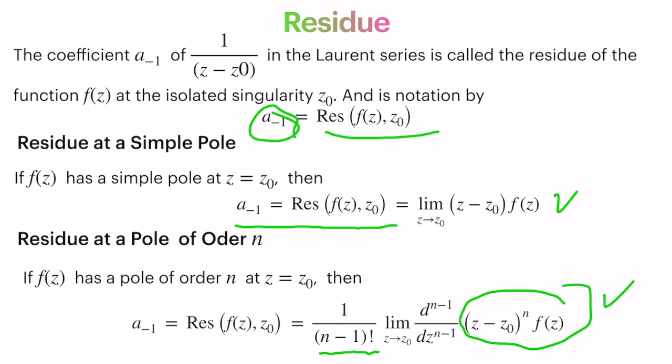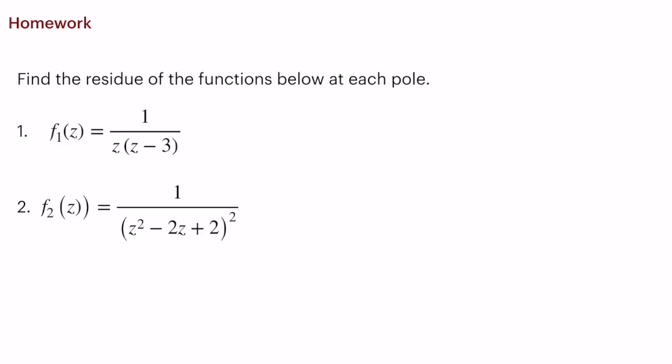Homework problem: you have to calculate the residue of the functions given below for all the poles. The first function is f of z equal to 1 by z into z minus 3. The second function is 1 by z square minus 2z plus 2, whole square.